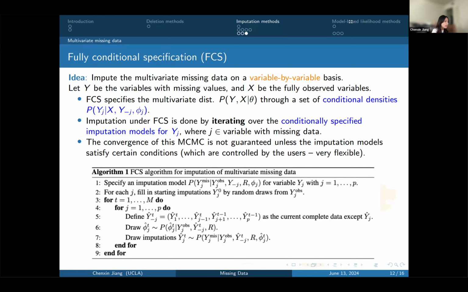Here, Yj is one variable with missing data, so the conditional density is that of Yj conditional on X and the rest of the columns of Y. The imputation in FCS is done by iterating over the conditionally specified imputation model for Yj. This is also an MCMC, but the convergence of this MCMC is not guaranteed because it is controlled by the imputation model itself, so it is very flexible.